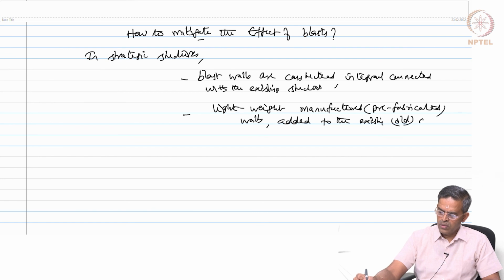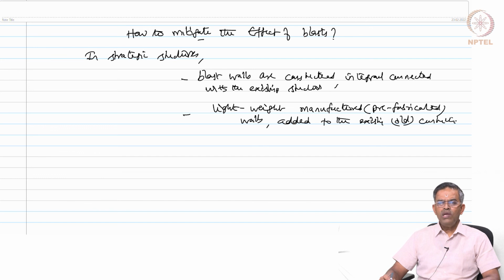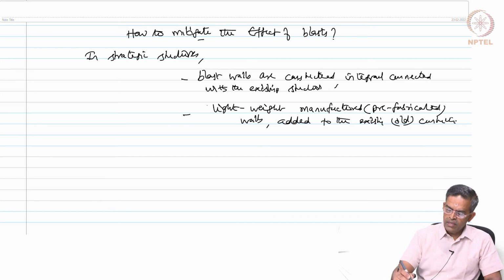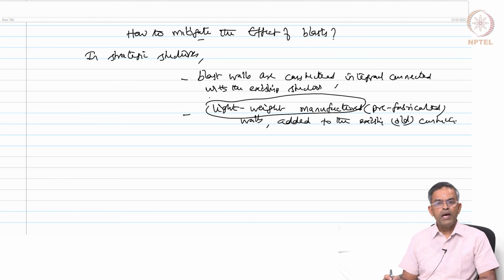You may ask me a question, why are we adding lightweight manufactured walls? During blast fronts, when it starts blasting the walls, it results in flying off of construction particles.